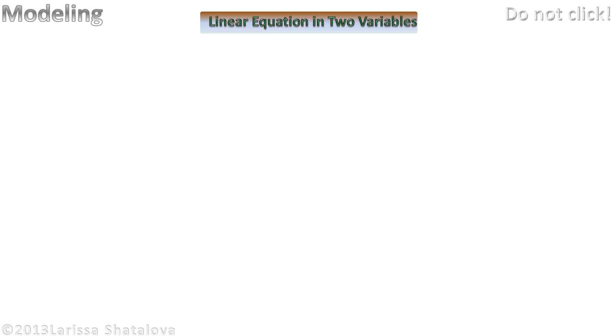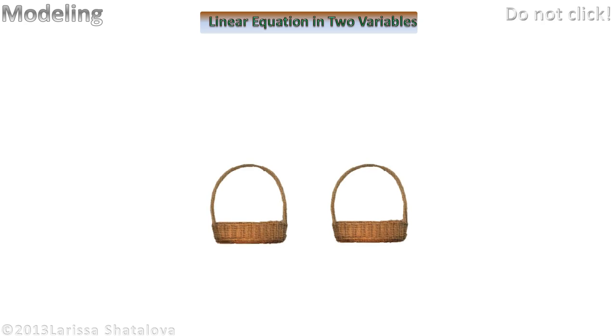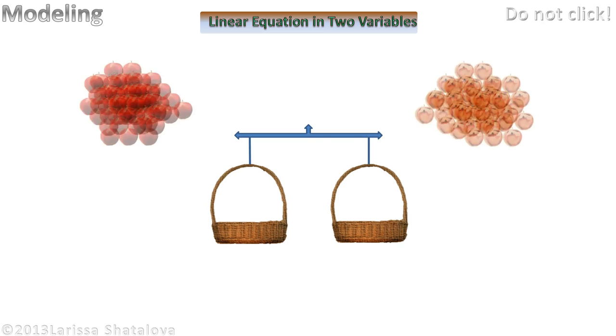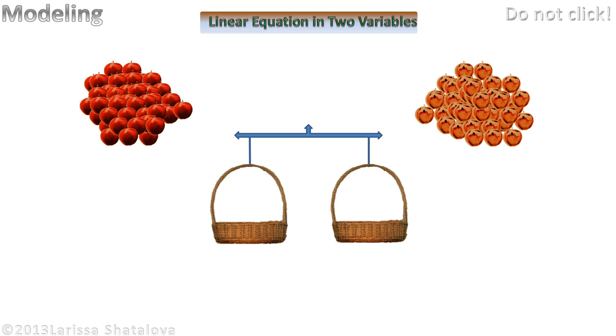Modeling for linear equations in two variables. Here are two baskets on a scale, and the scale is in balance. Now we have red apples and golden apples. We are going to add one red and one golden, one more red and one more golden, one more red and one more golden.